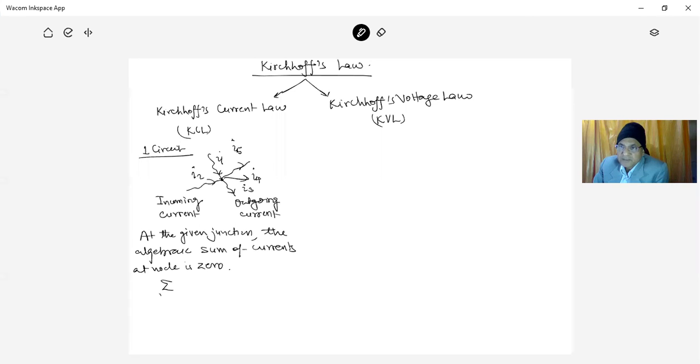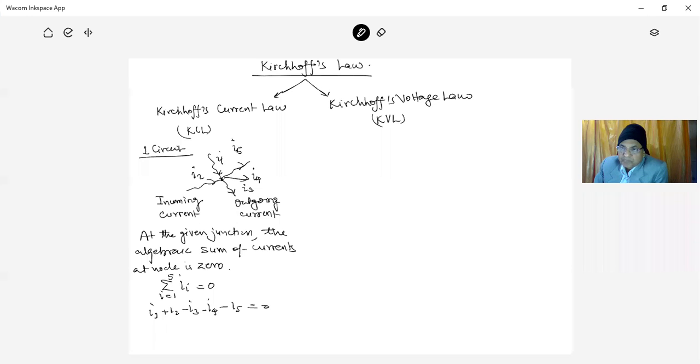So the sum of I from 1 to 5 is equal to 0. That is I1 plus I2 minus I3 minus I4 minus I5 is equal to 0.